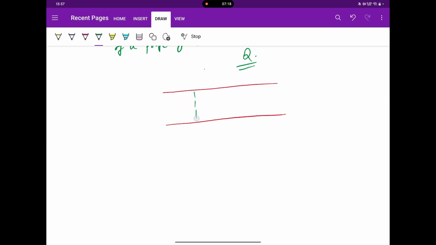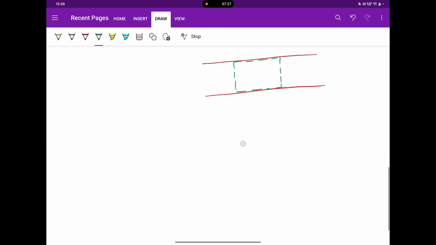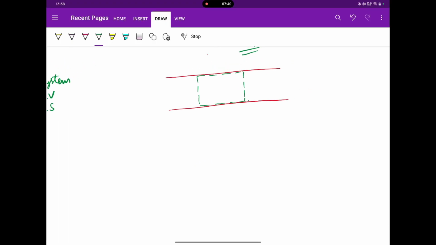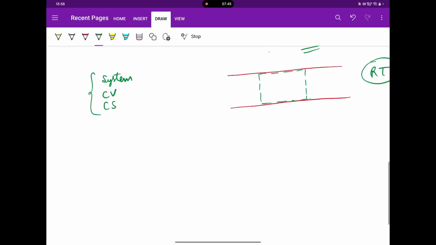So we consider a control volume, and all these three things you have to keep in mind: system, control volume and control surface. RTT relates system with control volume, changes of a parameter in a system with control volume.